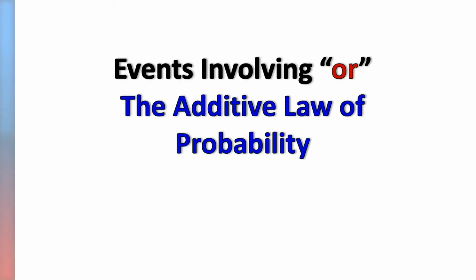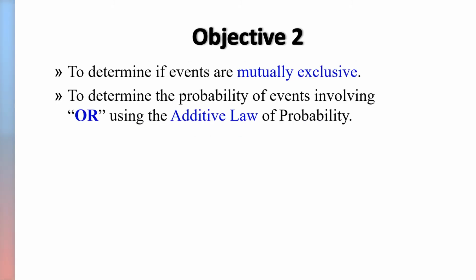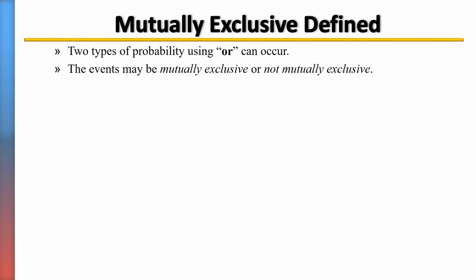Events involving or, the additive law of probability. In this objective, we're going to determine if events are mutually exclusive. We're also going to determine the probability of events involving or using the additive law of probability. Let's first define mutually exclusive. 2 types of probability using or can occur.